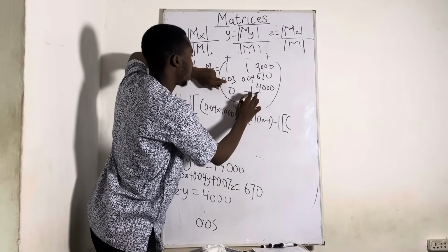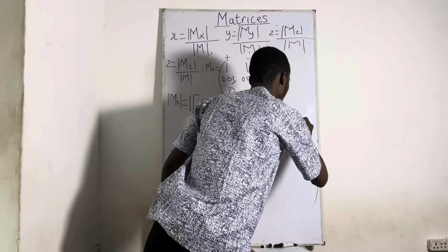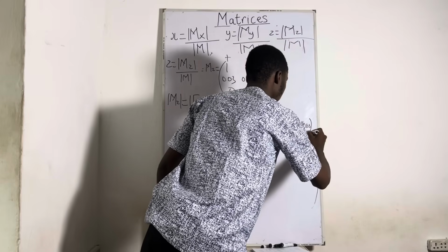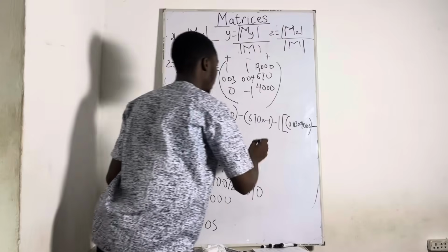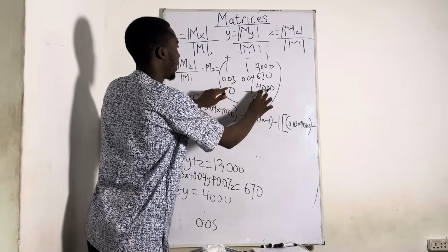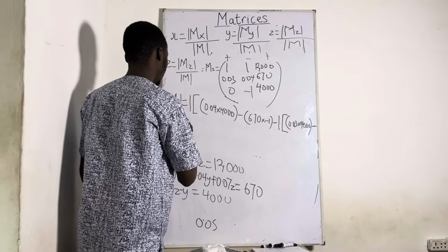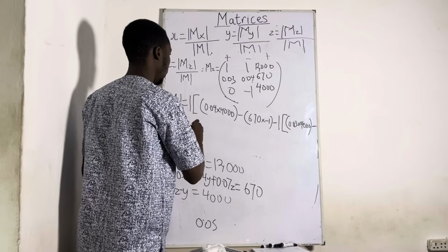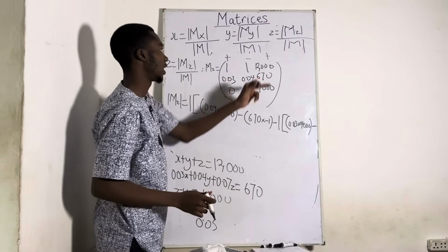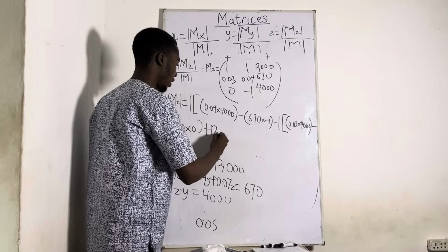So 0.03 times 4,000, then minus into brackets 670 times 0. Then go to the last one, which is 12,000. That part is positive, so plus 12,000.